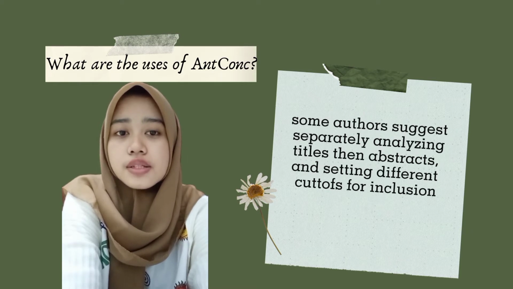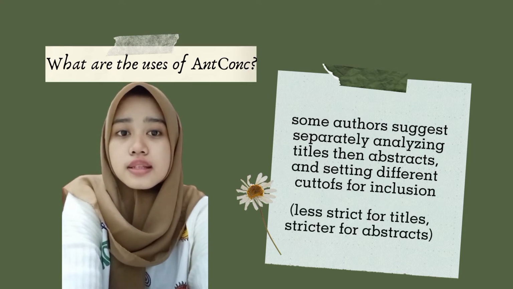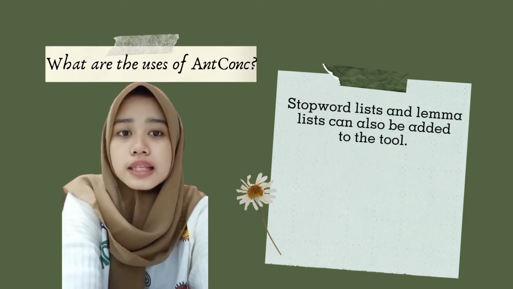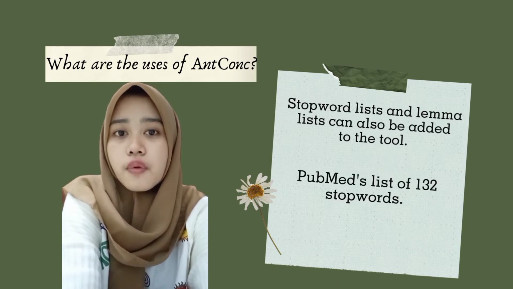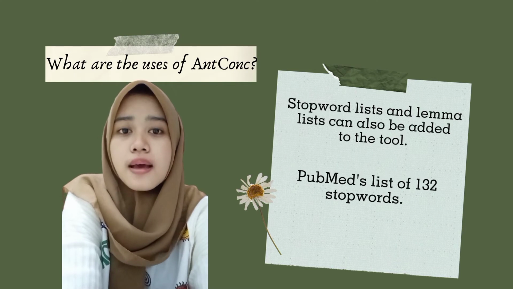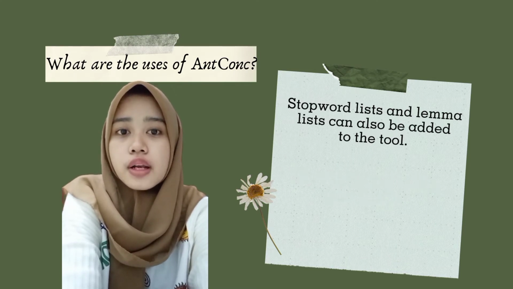Some authors suggest separately analyzing titles and abstracts and setting different cutoffs for inclusion, less strict for titles, stricter for abstracts. And stopword lists and lemma lists can also be added to the tool. For example, PubMed's list of 132 stopwords. Many such lists exist for use on the internet, and the choice depends on the context of the search.